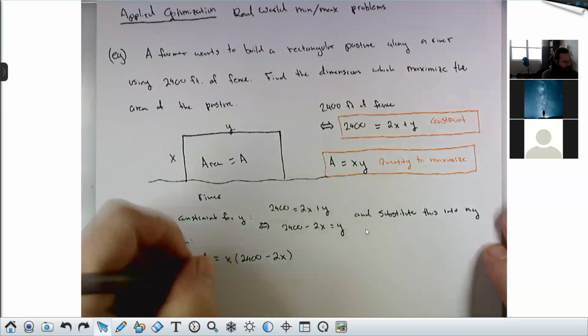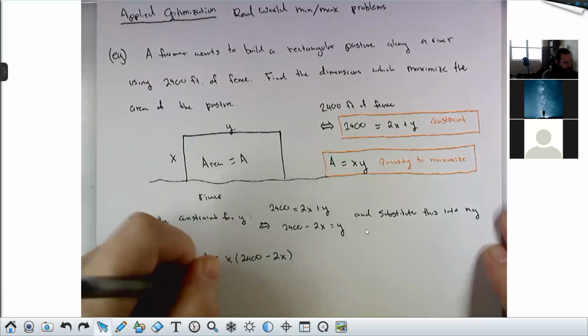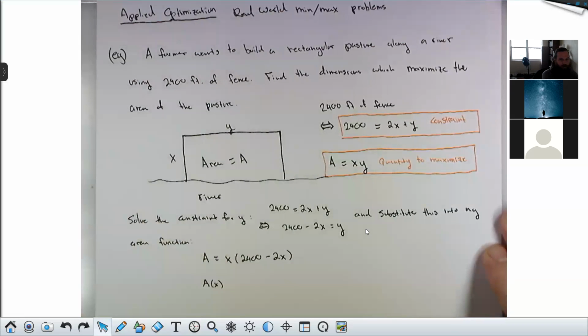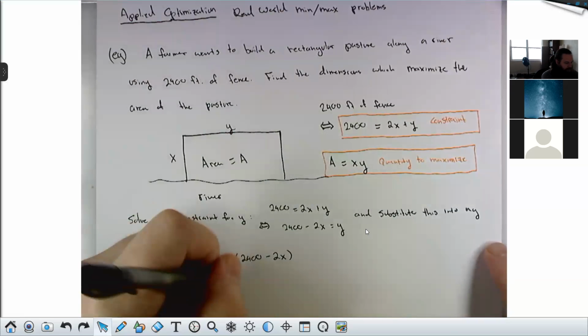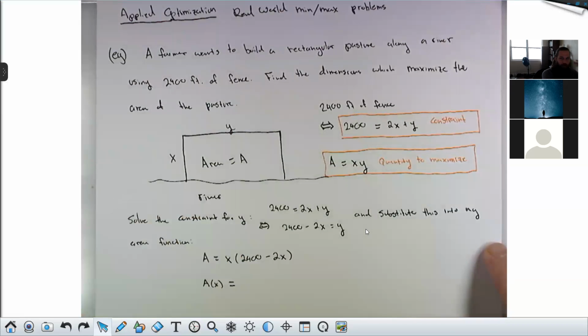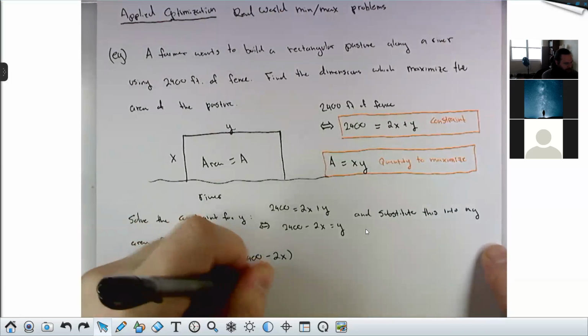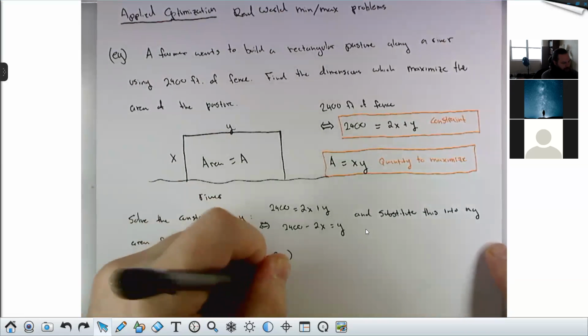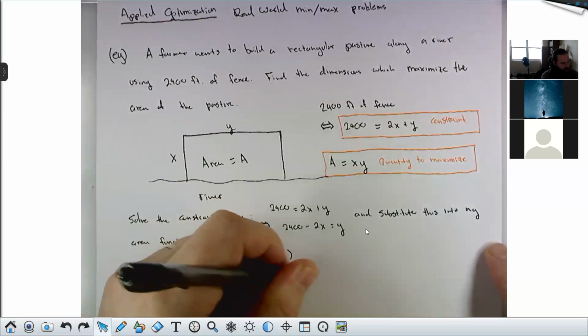And at this stage, I like to switch to writing this in function notation. I would call it A of X, right? It's the area as a function of the side length X, to remind myself or emphasize the fact that we now just have one variable. And also I'll clean this up. So this is negative 2X squared plus 2400 times X.